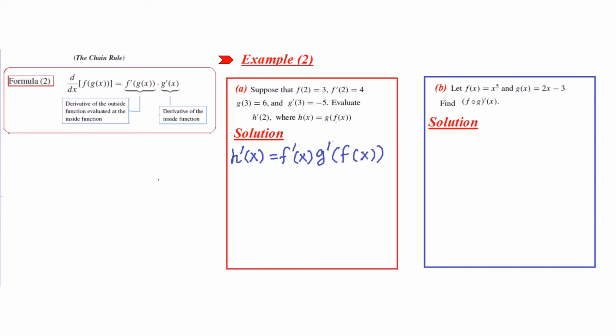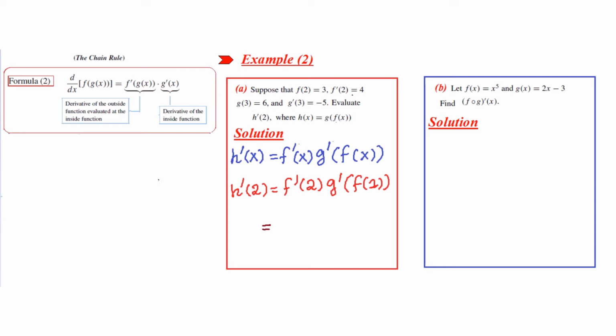Then you have to plug in x by the value wanted in the question, which is x equals 2. So we have h prime of 2 equals f prime of 2 multiplied by g prime of f of 2. Then you have to replace f prime of 2 by its value.